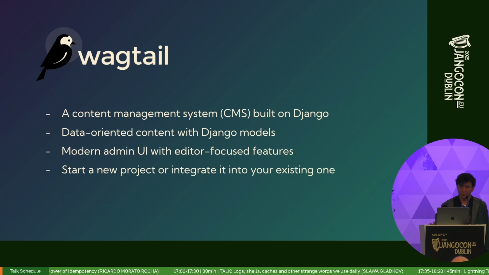We heavily focus on making our admin interface modern with a lot of useful features that you can use with any Django model. So you can start a new project with Wagtail or integrate Wagtail into your existing Django project, because Wagtail is just like any other external Django package.